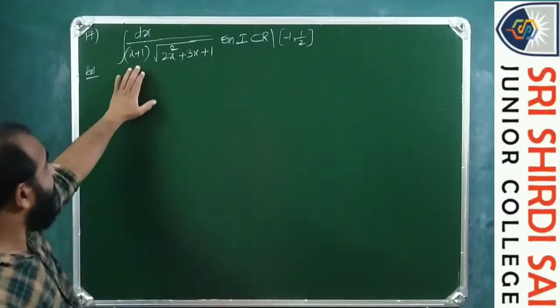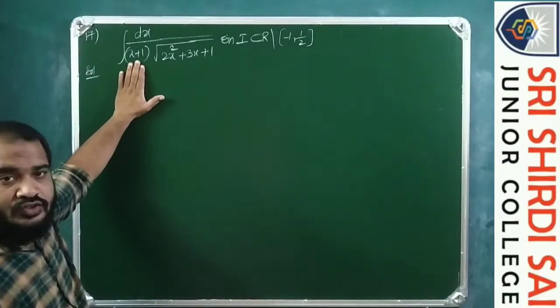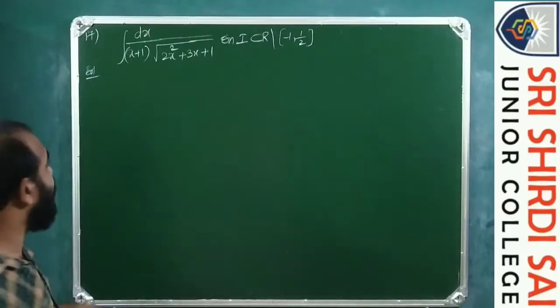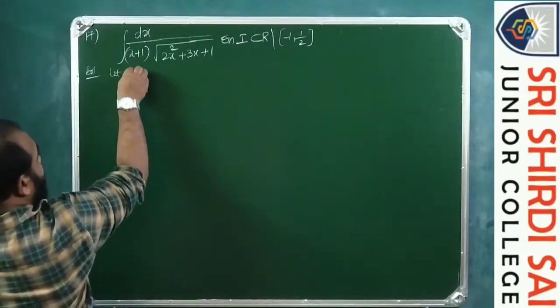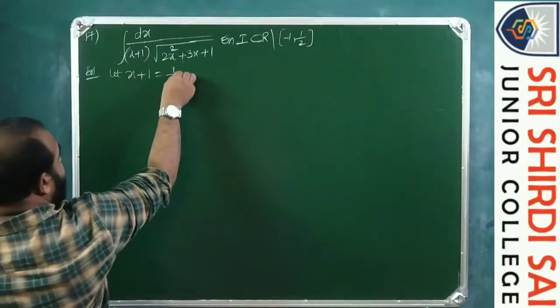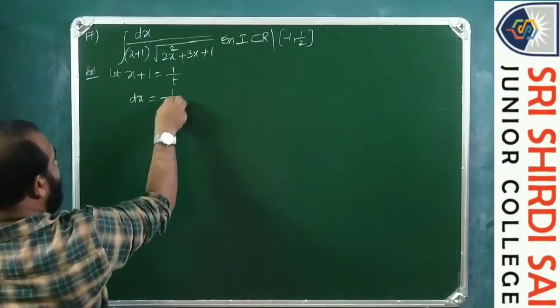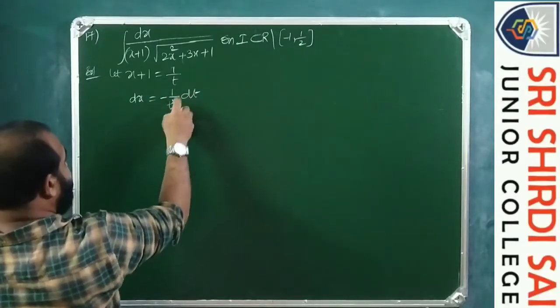But in the case of this, linear expression is equals to, instead of t, 1 by t we have to take. Let x plus 1 is equals to 1 by t. Now differentiate. dx is equals to minus 1 by t square dt.